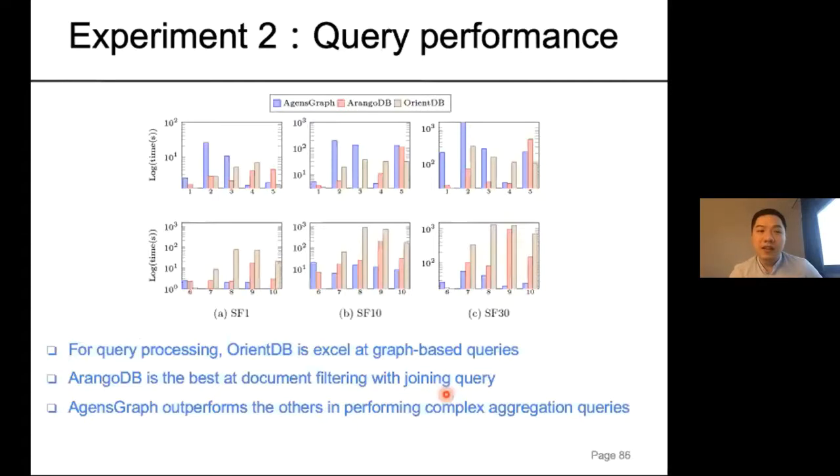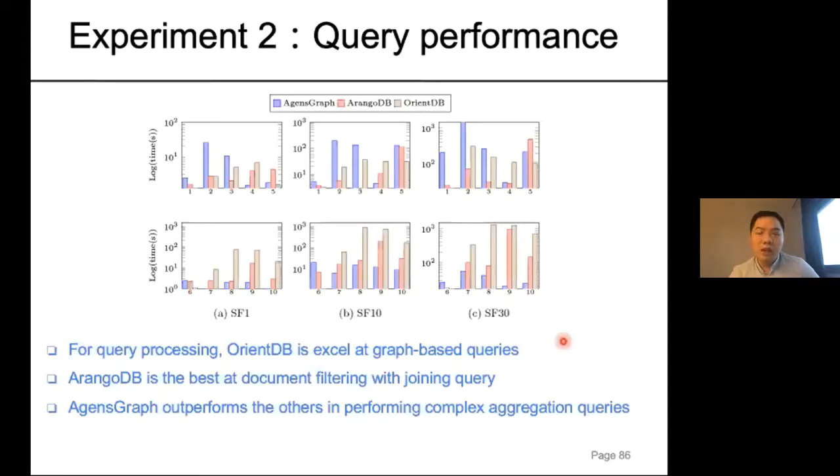And the second experiment is about the query performance. So for query performance, we found that the OrientDB excels at the graph-based queries, like query 3 to query 5. And the ArangoDB is best at document filtering with join queries. And the AgensGraph outperforms the others in performing the complex aggregation queries from query 7 to query 10.